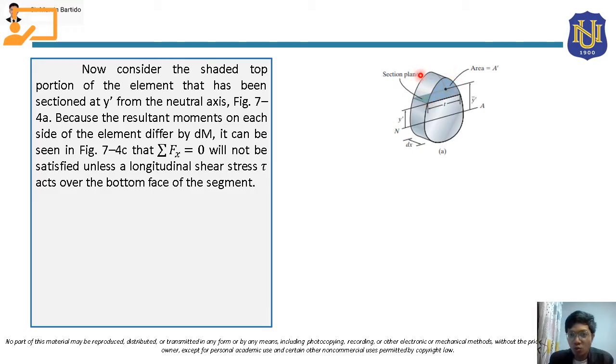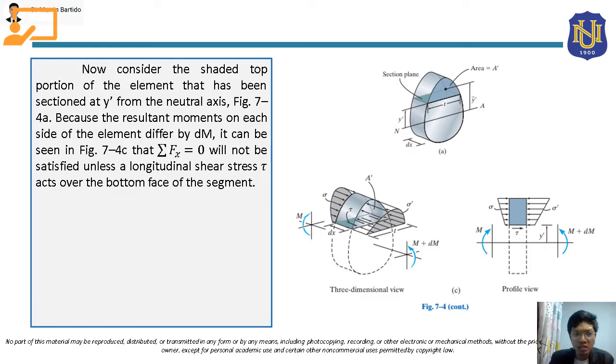Because the resultant moments on each side of the element differ by dM, it can be seen in figure 7.4c that summation of Fx equal to 0 will not be satisfied unless a longitudinal shear stress tau acts over the bottom face of the segment.